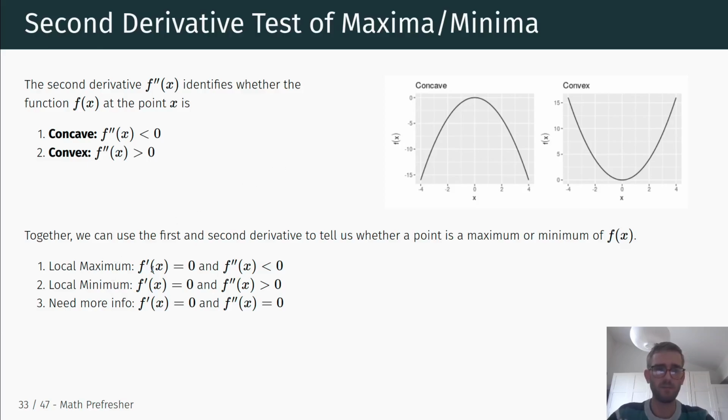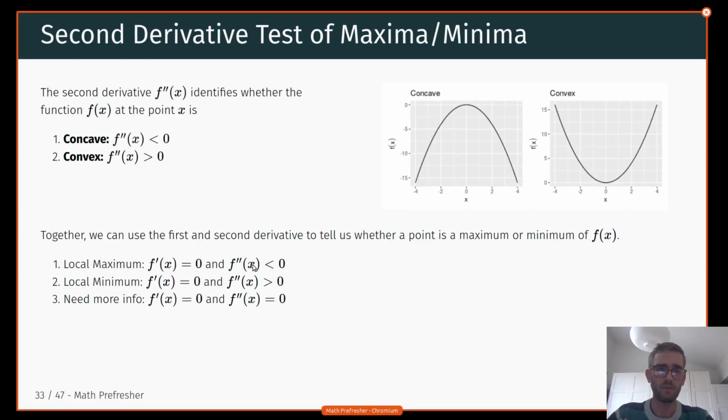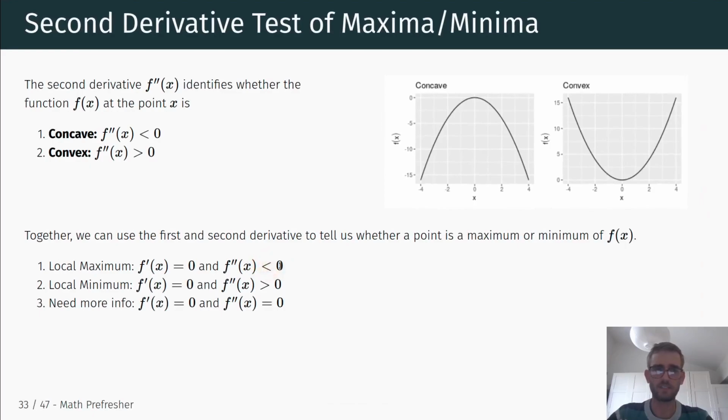So if f prime of x is equal to 0, that's the necessary condition first to identify the critical point, and f double prime of x is smaller than 0, that means the function itself is concave. That means it is a shape like this, where we turn to the right, our steering wheel goes to the right. And that means it must be a maximum, because the shape of the function is something like that, at least locally around that point.